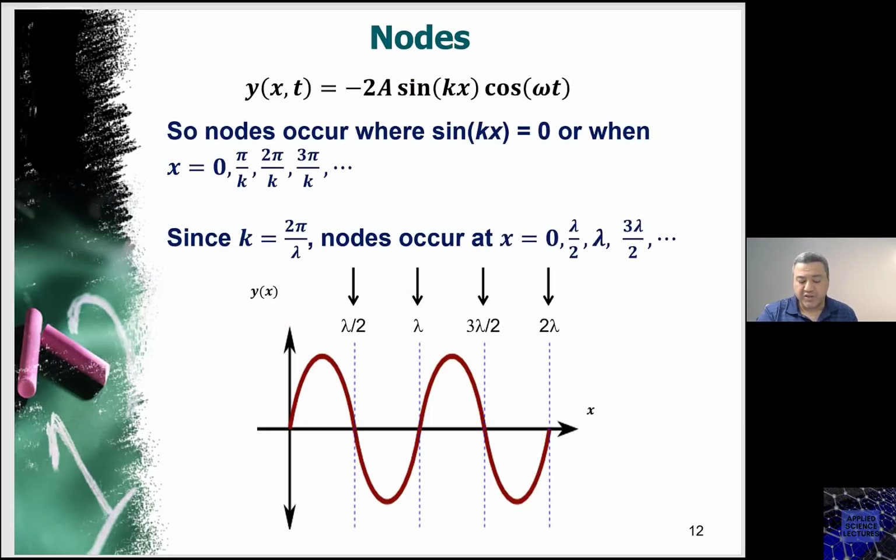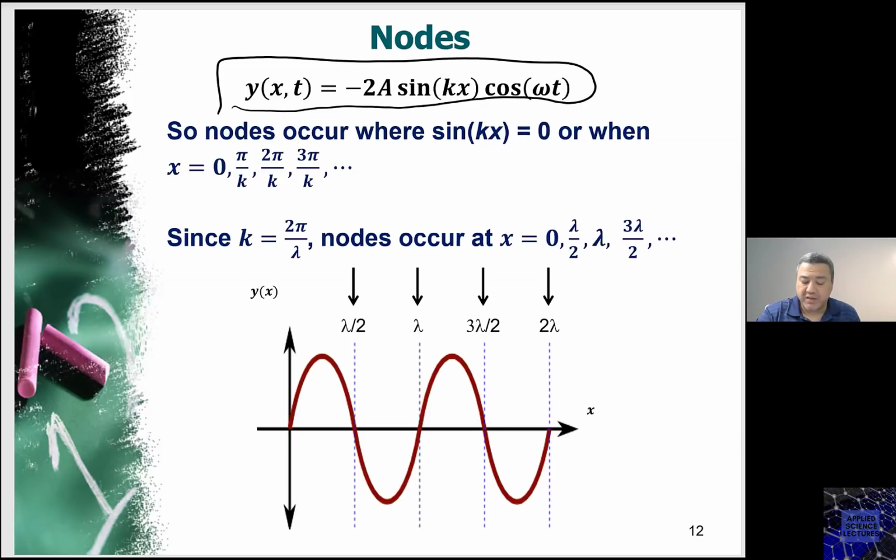So if I go back to this function that describes the standing waves we talked about, I took the sine kx that is responsible for the spatial function here. This is the one that is related to the locations along my x-axis.